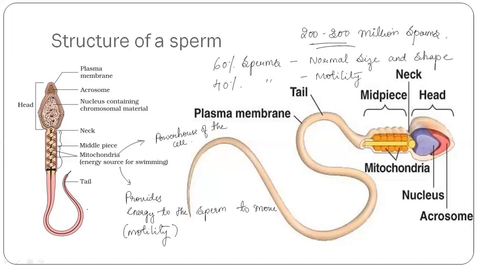Among the 200 to 300 million sperms, 60% are of normal size and shape and 40% show vigorous motility.